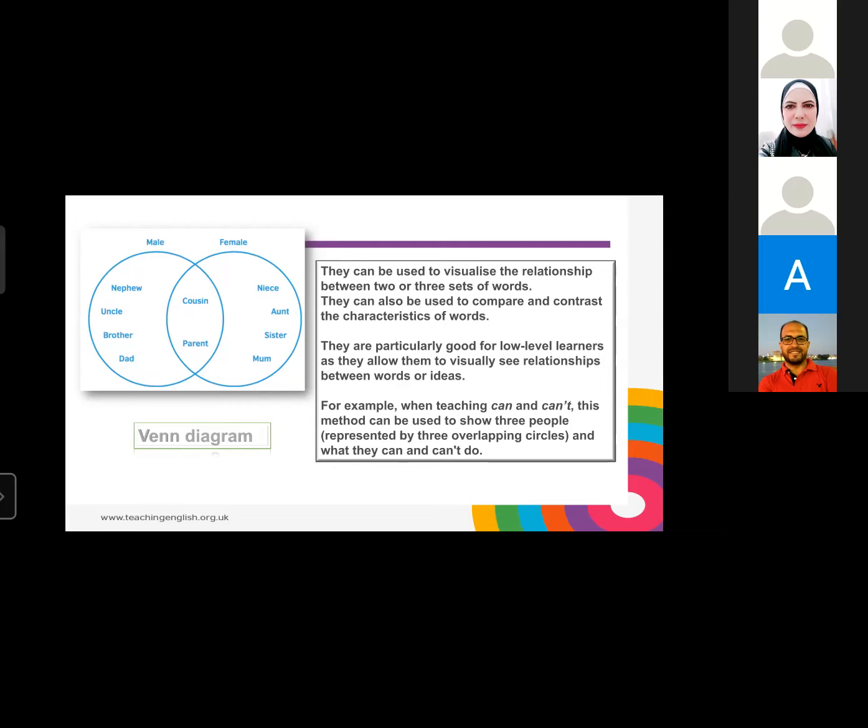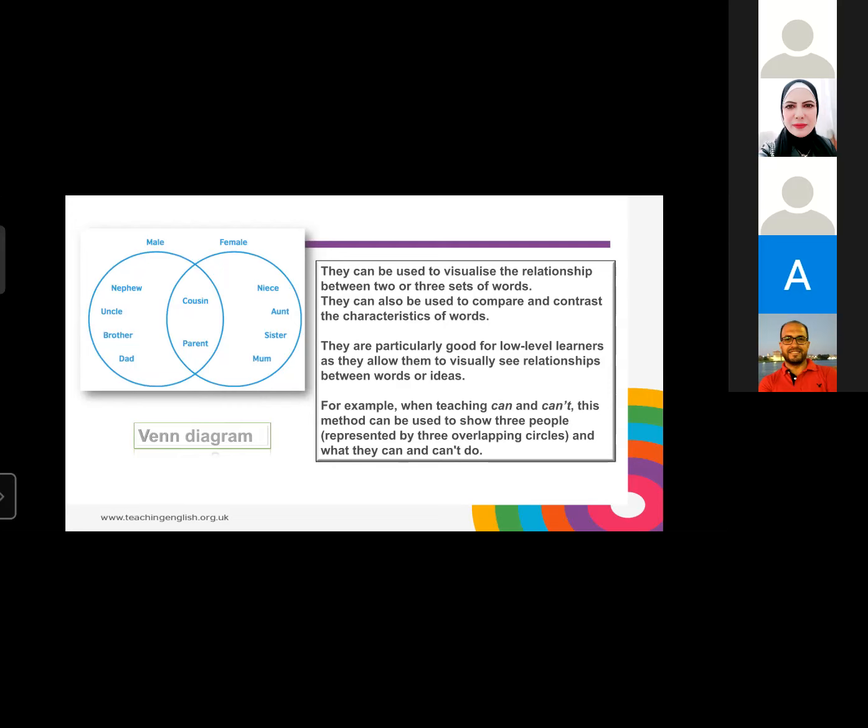We talked about dividing the class into two teams as a kind of game, giving a group of the students some pictures and the other group the word cards, and asking them to match the right picture to the right word. This is another way. We talked about the idea of run to the board. One student takes a picture and runs to the board to stick it, and the other students with the different words run to the board and stick the right word to the picture.